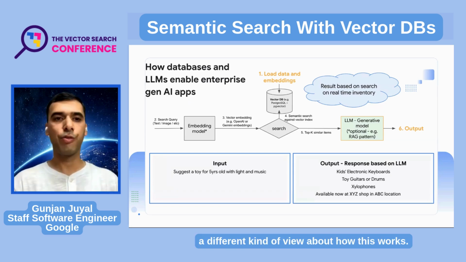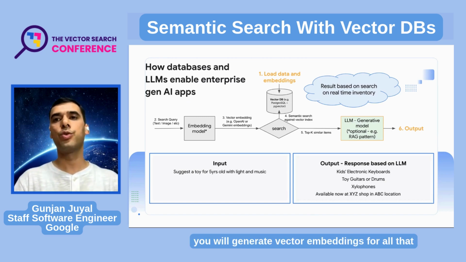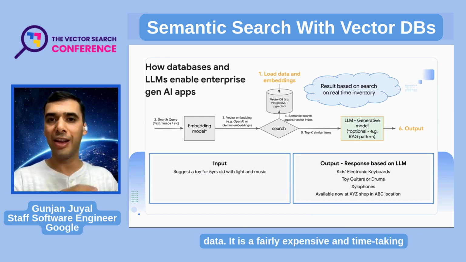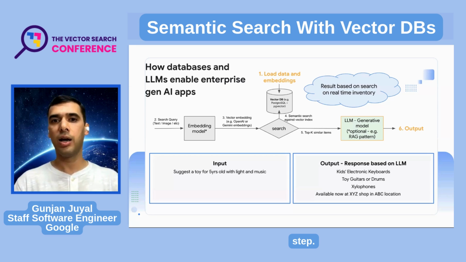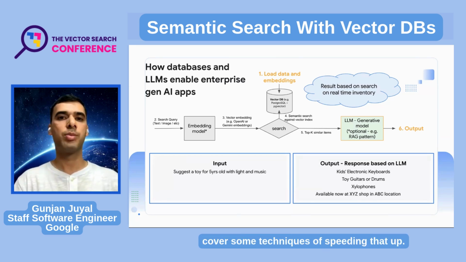Again, a different view of how this works. Given your data set, initially in step one, you will generate vector embeddings for all that data. It is a fairly expensive and time-consuming step, and later on, we will quickly cover some techniques for speeding that up.